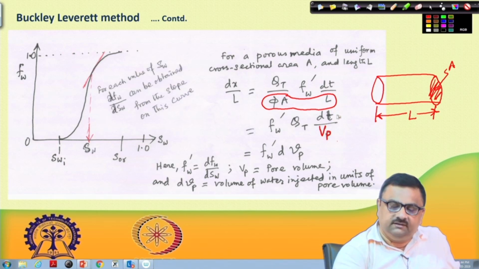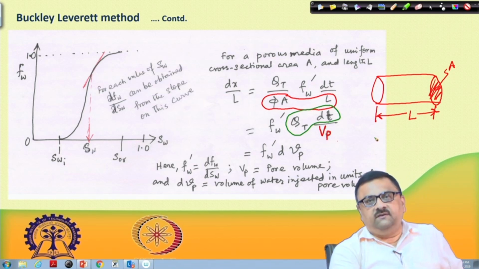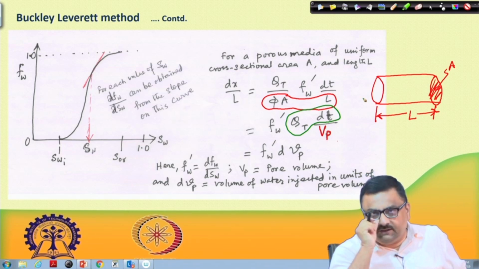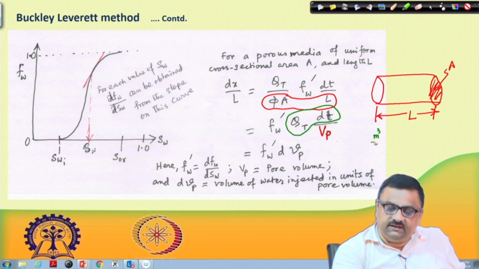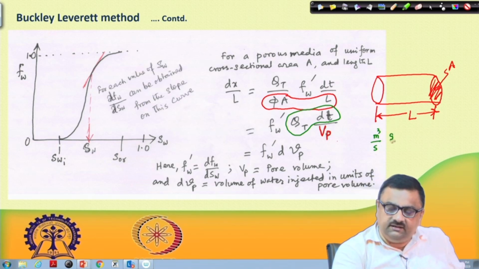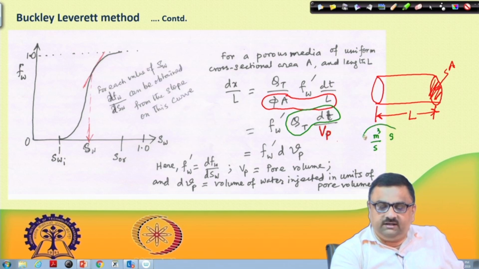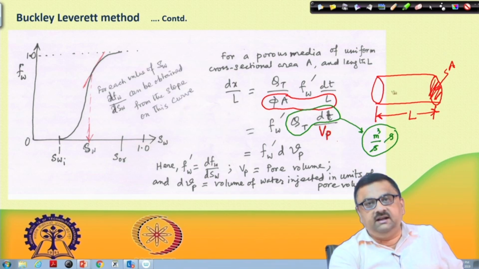qt is the total flow rate multiplied by dt. Over a dt time step, qt dt is the total flow that has taken place over this time. qt is in meter cube per second, dt is a small time step in seconds, so the seconds cancel out and qt dt gives so many meter cube of flow injected into the system.